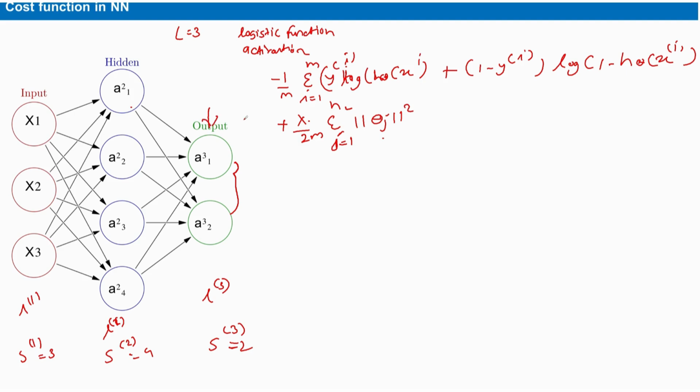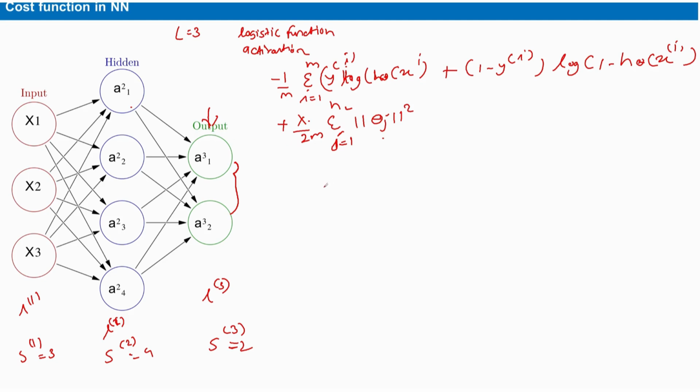The output can be one or it can be multiple, depending on the number of neurons in the output layer. So while computing the cost function, we need to compute it with respect to each neuron in the last layer, which can be multiple.